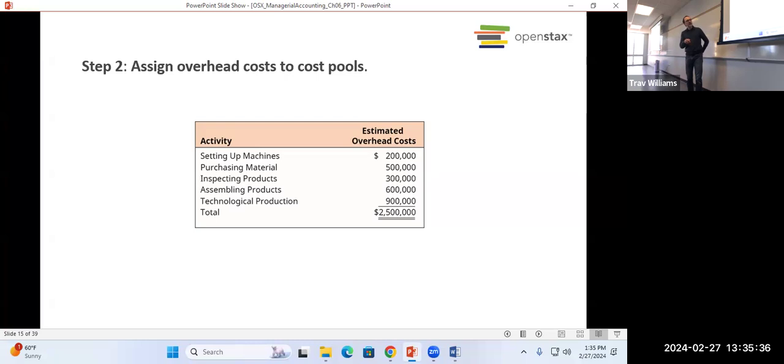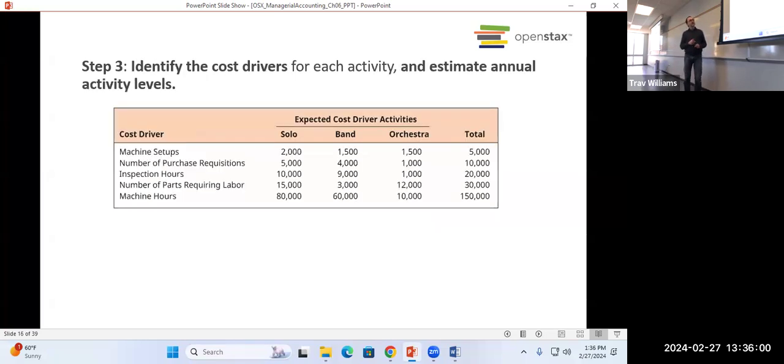This company is also anticipating $2.5 million of overhead. But they've broken that down into these 5 different cost pools. So they've got overhead associated with setting up the machines, purchasing the material, etc. And it all totals up to $2.5 million. Okay? Everybody following so far?